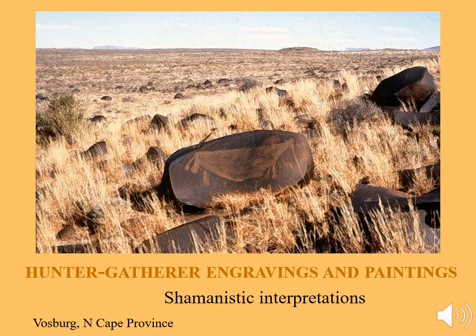So our understanding of the hunter-gatherer engravings and paintings is that a form of shamanism is at the core or underlies the interpretation and understanding of paintings and engravings. So it's to do with working with a power or an energy that has different names in different hunter-gatherer cultures.